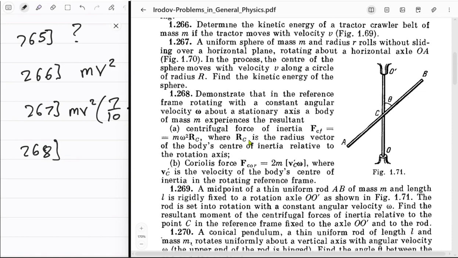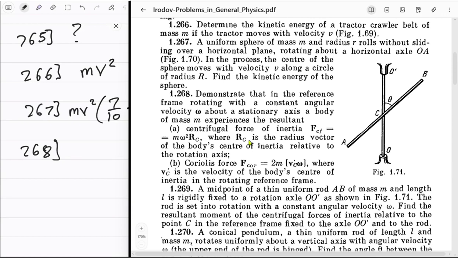Wait, you want this for any body? Okay, that's a different thing. So you have the centrifugal force of inertia, with a constant velocity omega about a stationary axis.